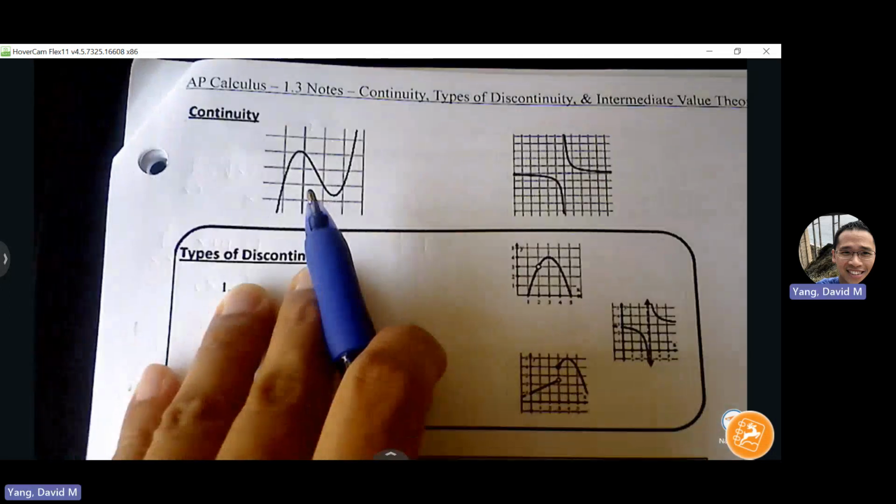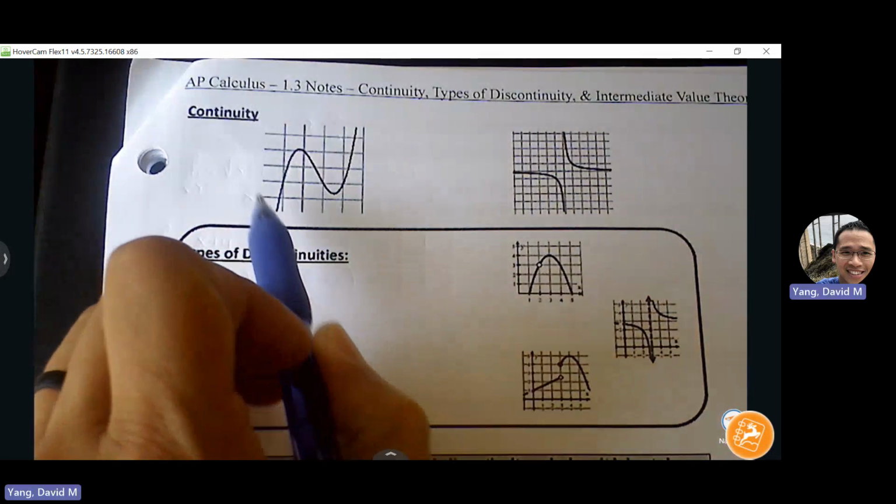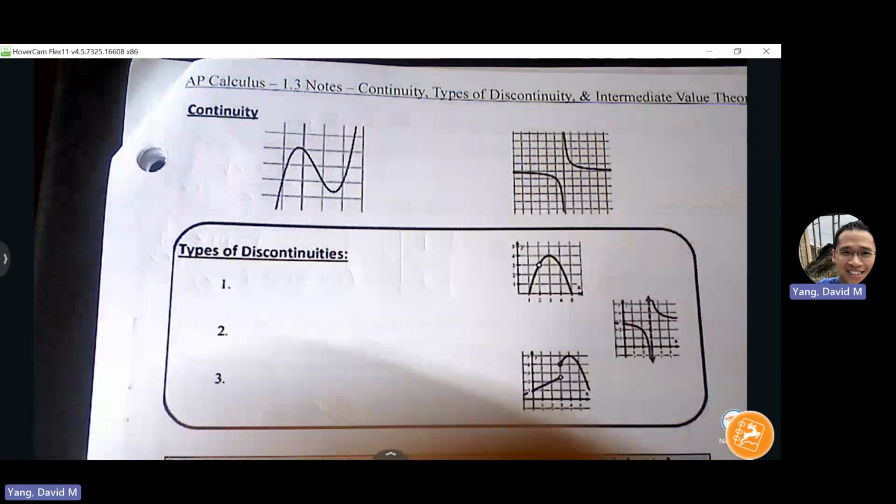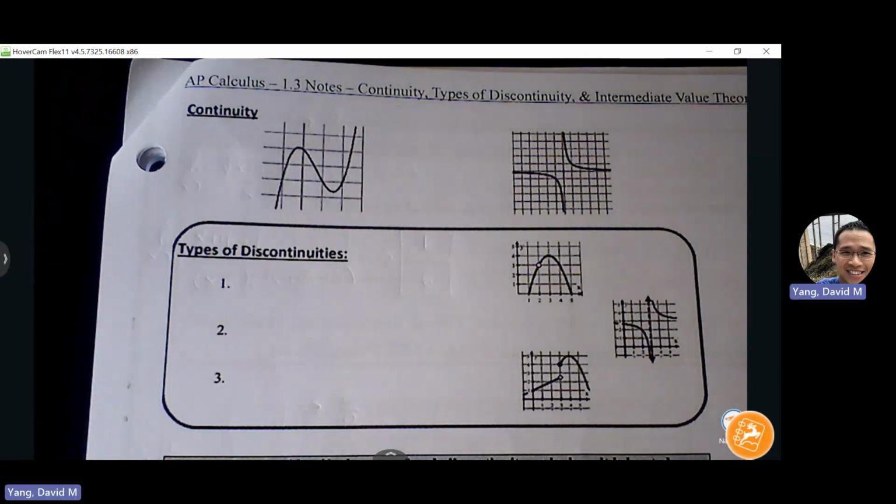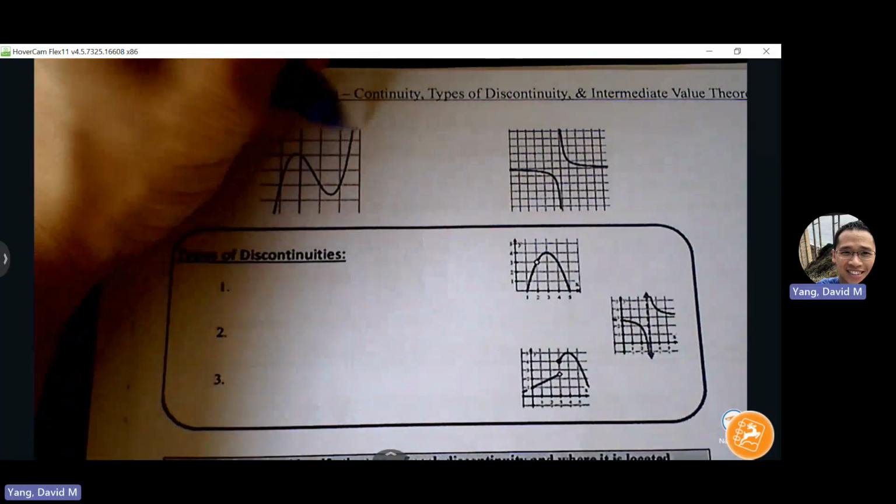Okay, so continuity. A continuous function is one where you can sketch the entirety of the graph without having to lift up your pen or pencil at any point. So here, this is a nice continuous graph.